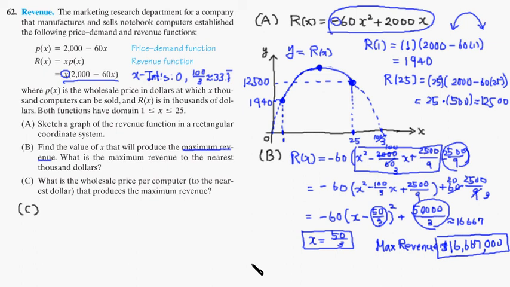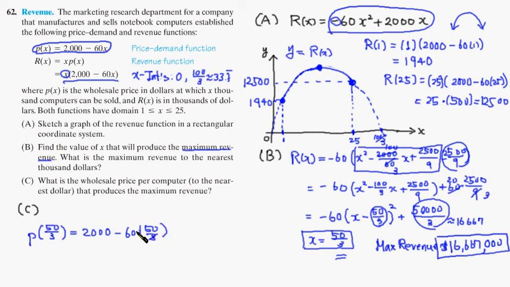All right, so last part, part C. What is the wholesale price per computer? You can see that the price function is the first function right here, little p of x. So all you really have to do is plug this x value into the p function. So this is going to be little p of 50 over 3, which is 2,000 minus 60 times 50 over 3.